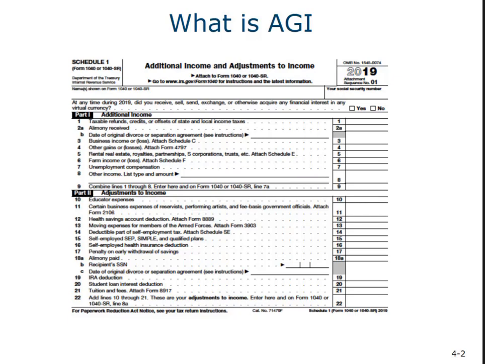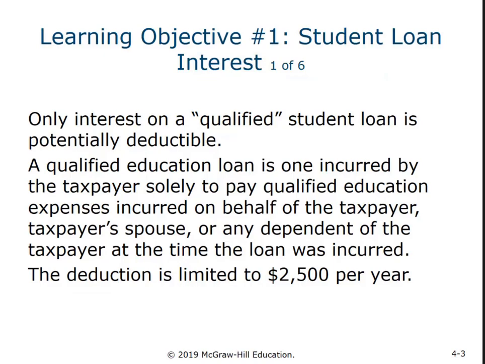Student loan interest. None of us are going to face this issue when we finish up school and start paying for our loans on the money we borrowed. The deduction is limited, first of all, to $2,500. It doesn't matter how much you pay, the maximum you can deduct is $2,500. And of course, here's what it means to be an education loan.